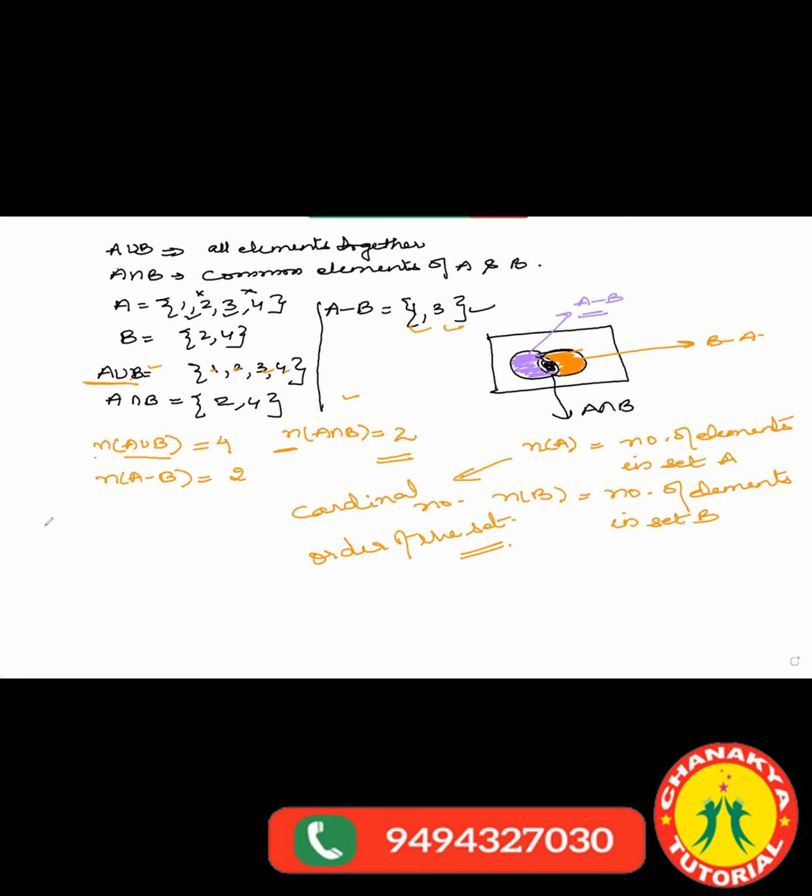Understood? So children, first of all, tell me, have you understood about the operations of set: intersection, union, difference of the set and complement? Yes, ma'am. So if you have understood, then I will proceed to next. Otherwise we will do these type of questions only. Just tell me, Jaswant, Preetam, Dhanunjay.